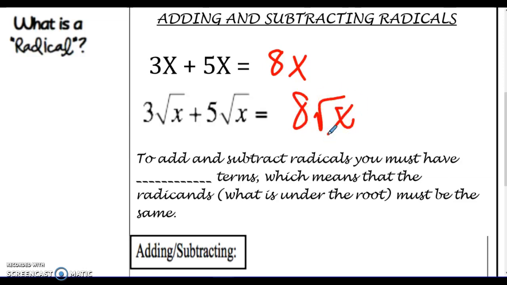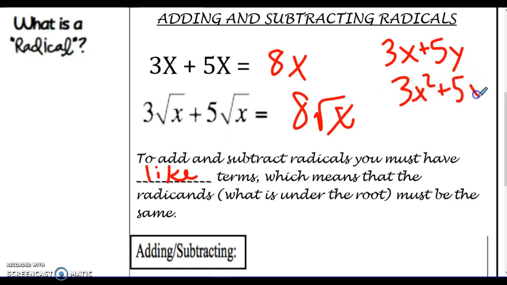To add and subtract the radicals, you have to have like terms. Just like up here, 3x, if it had been 3x plus 5y, well then you can't simplify that anymore. Or 3x squared plus 5x, you can't simplify that anymore.